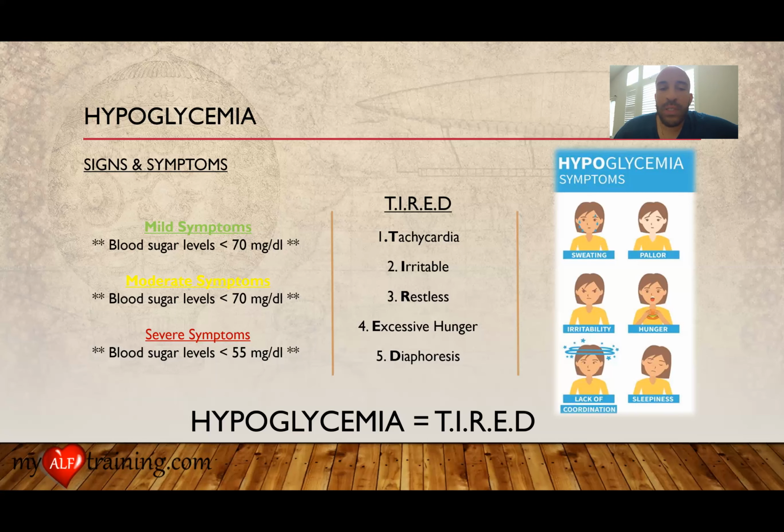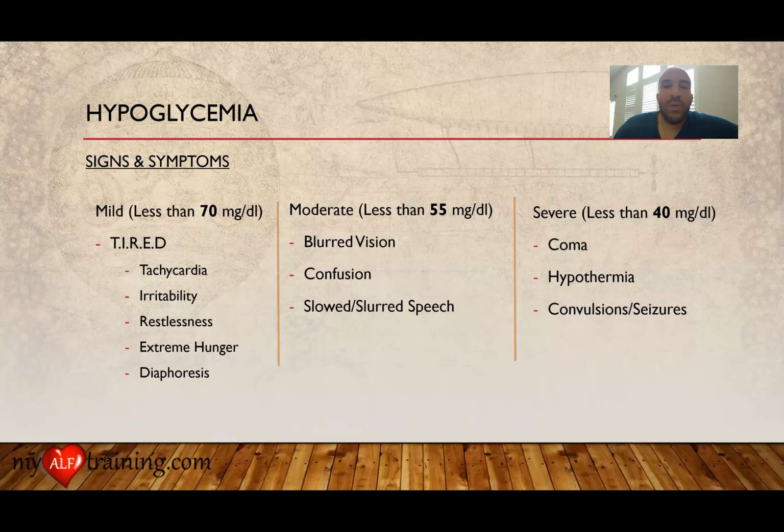Eventually, the blood sugar will continue to decrease. And the worst symptom, of course, is that the patient may fall into a coma. So, as you can see here, 70, 55, and 40 are the correct milligrams per deciliter for hypoglycemia.